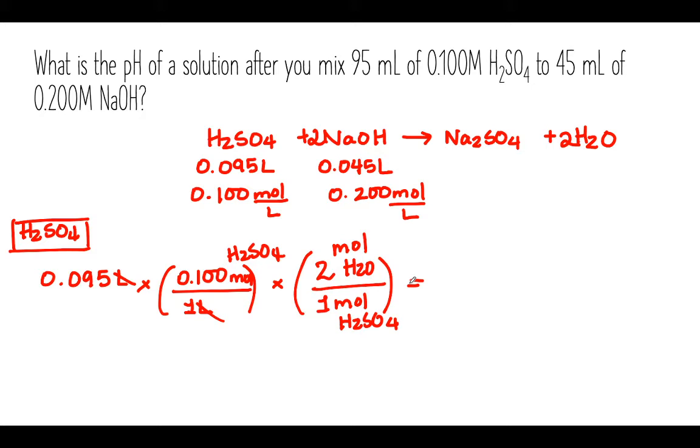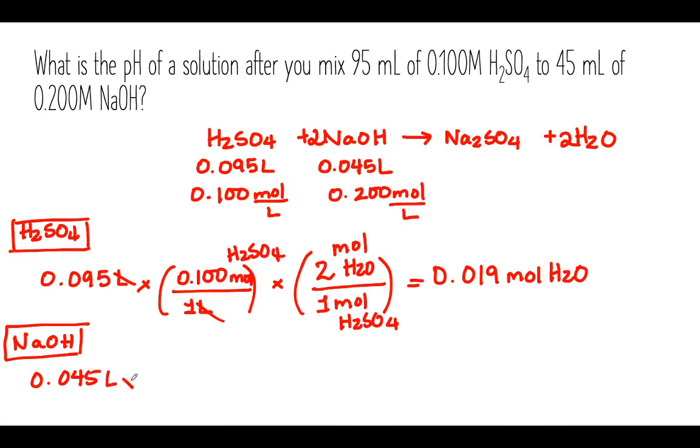When I type this all into a calculator, 0.095 times 0.1 times 2 will get me 0.019 moles of H2O. Now I'm going to do the same with NaOH to see which one of these produces less H2O. That is going to be my limiting reagent. And this is going to look the exact same way, obviously using the concentration and the volume of my NaOH.